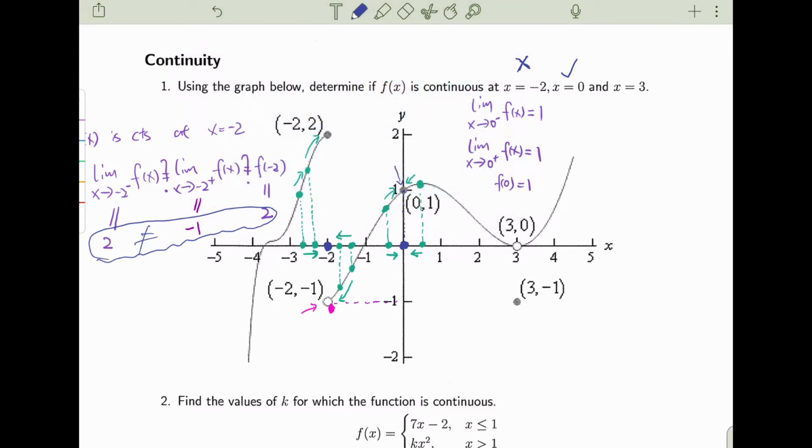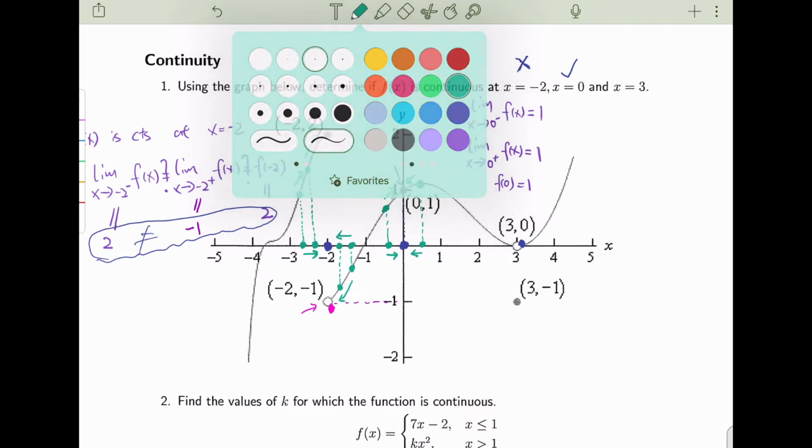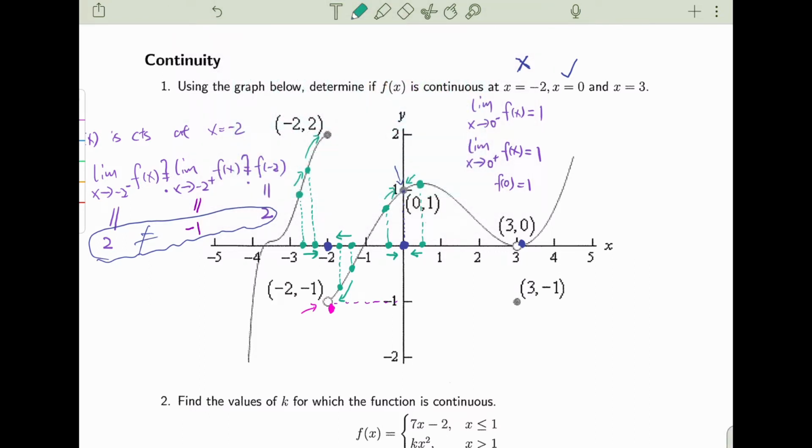So x equal to 3. I'm going to find the point x equal to 3 on the x-axis, which is here. And I don't want to fill this, so pretend that my blue point is overlapping the open circle here. Okay, and now I choose a point on the left side of this blue point.